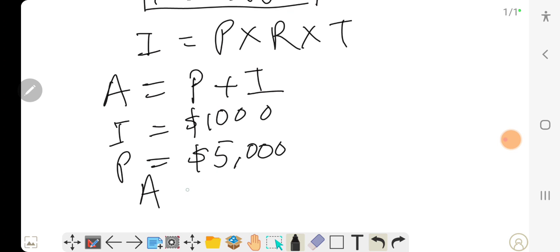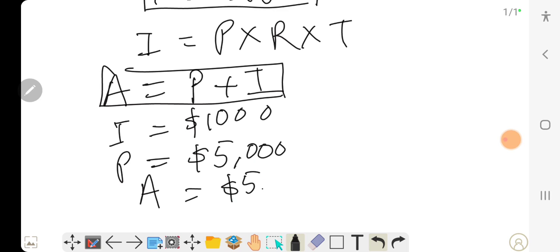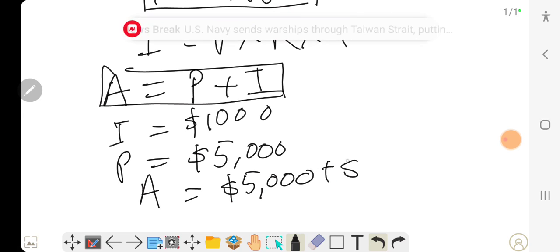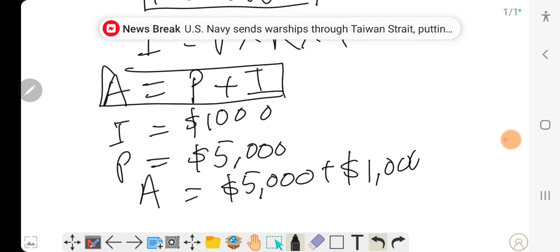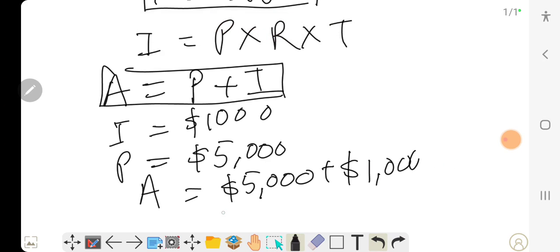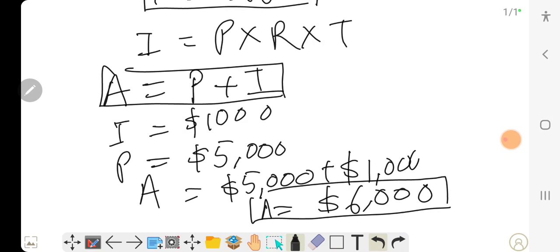So the accrual amount is going to be P plus I, which is $5,000 plus $1,000, which will be $6,000, the accrual amount.